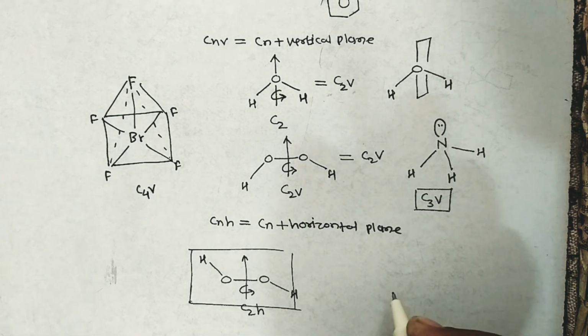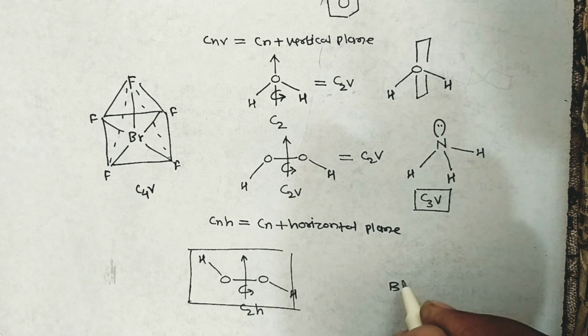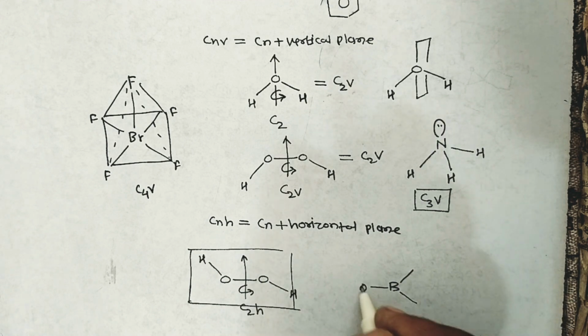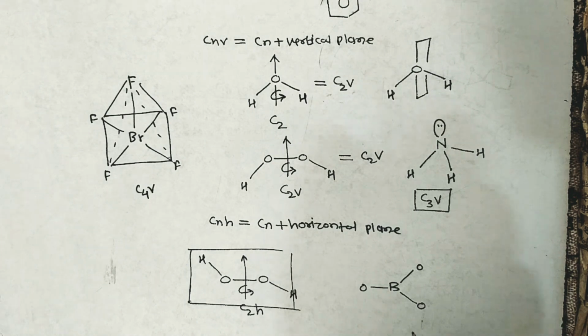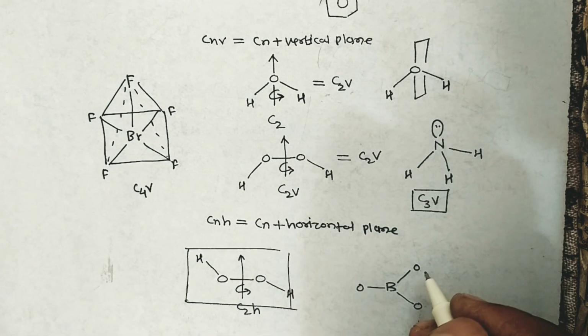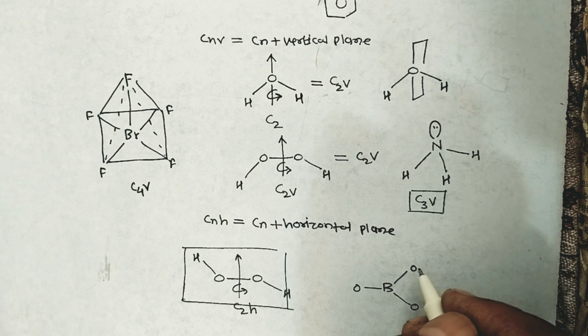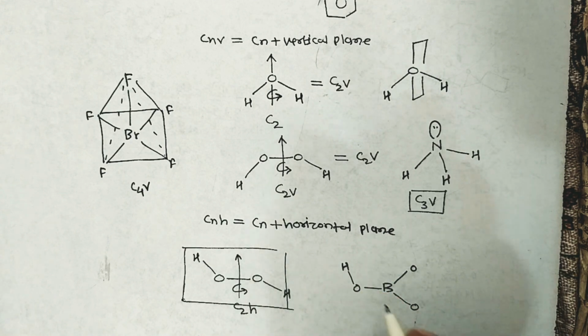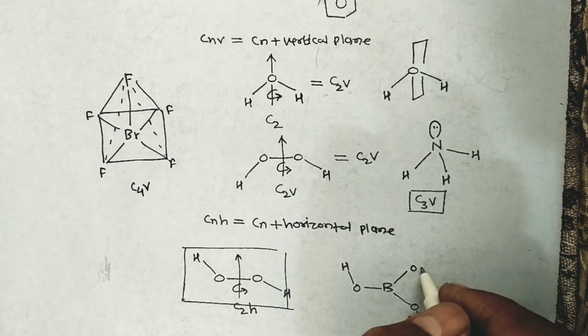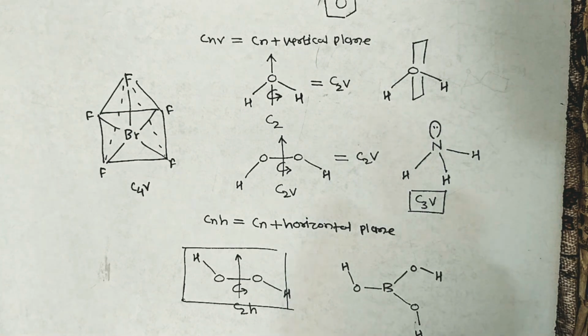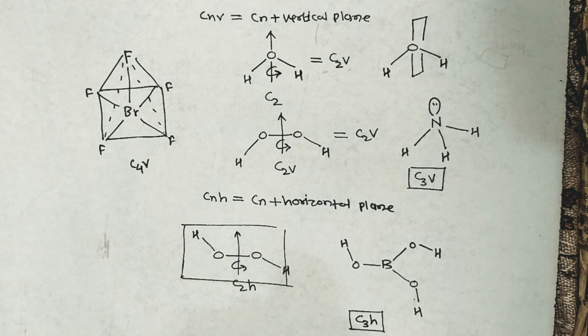Another example of the Cnh point group is boric acid, H3BO3. It contains C3 plus a horizontal plane. So the point group is C3h for boric acid.